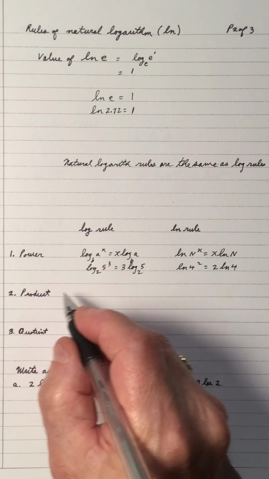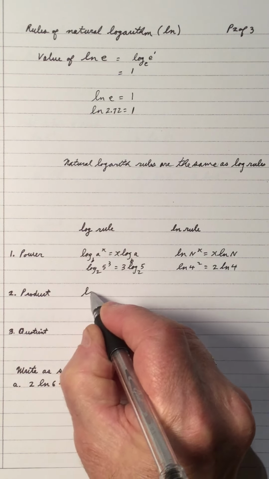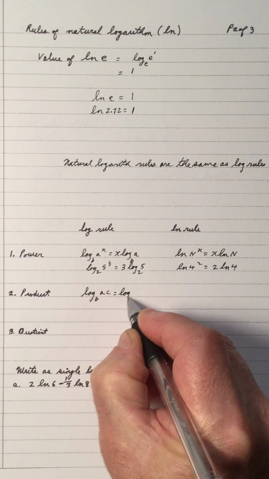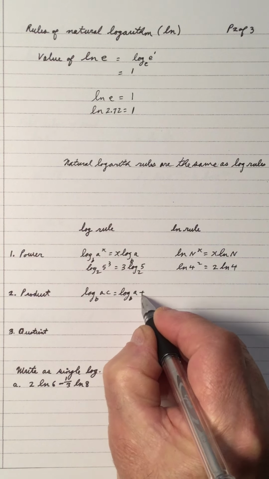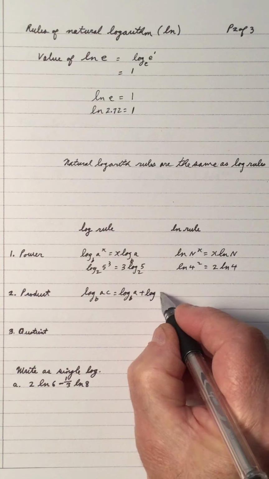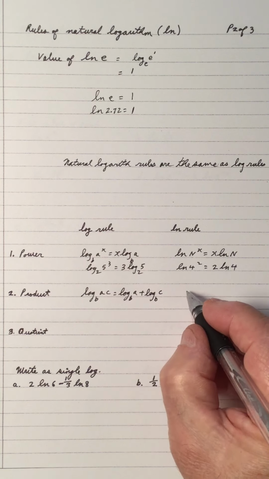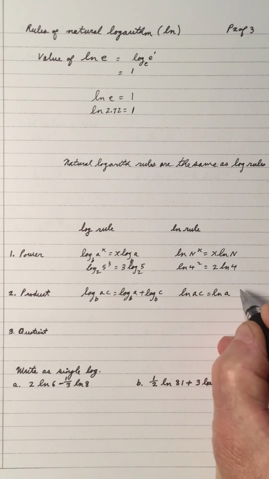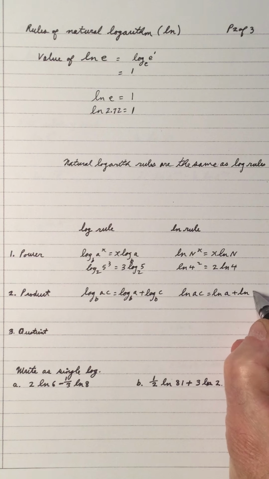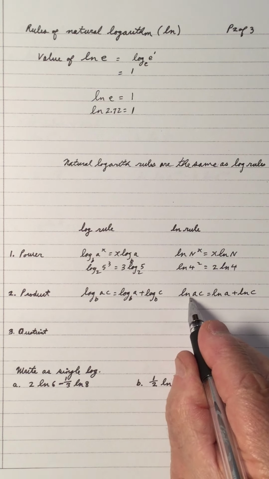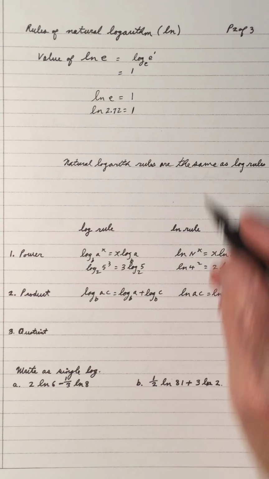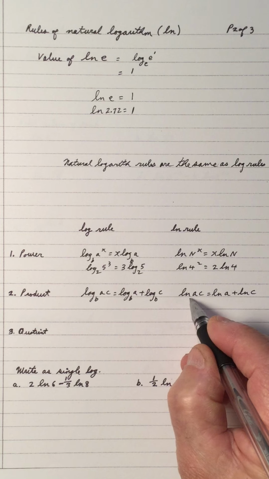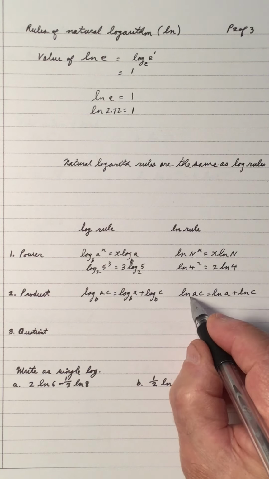And we have a product rule. The product rule for log of a times c base b is the log of a base b plus log of c base b. So ln is the same thing. The ln of ac is the ln of a plus the ln of c. Again, notice the base here. Ln is the same as the log base e, so the base is understood to be an e, but they don't write the e here.